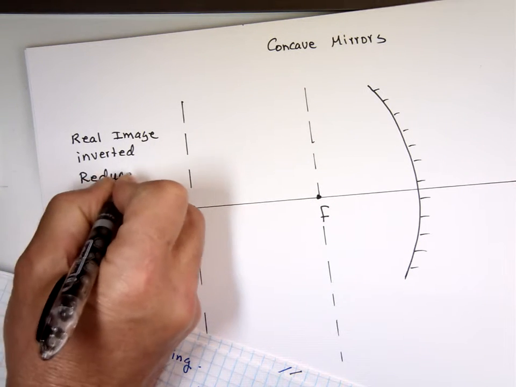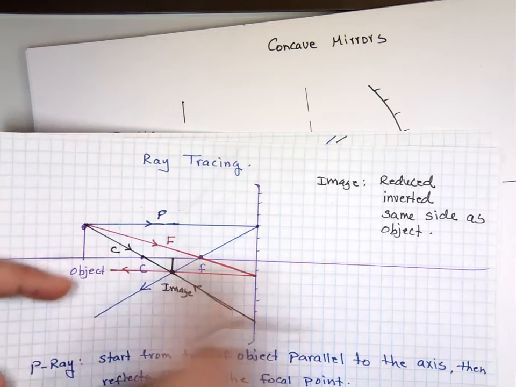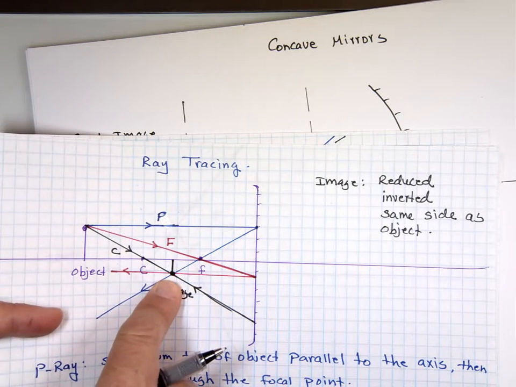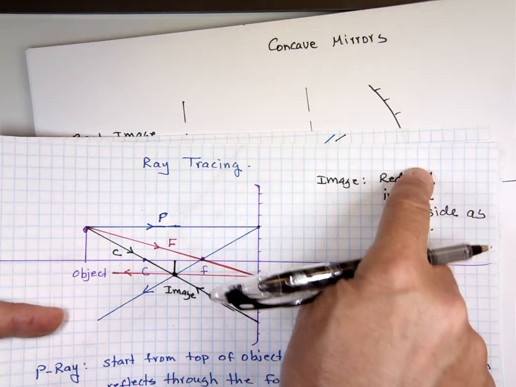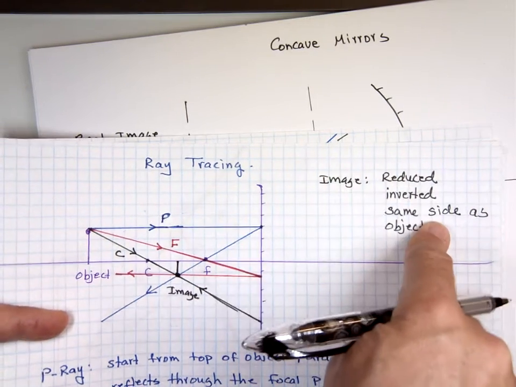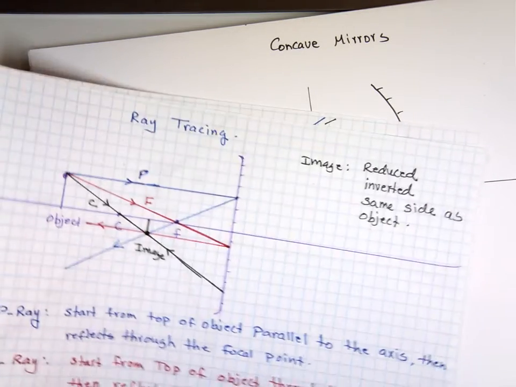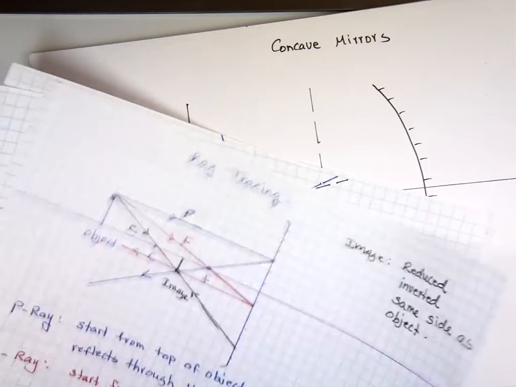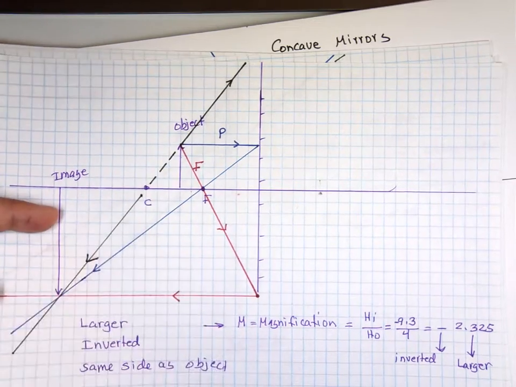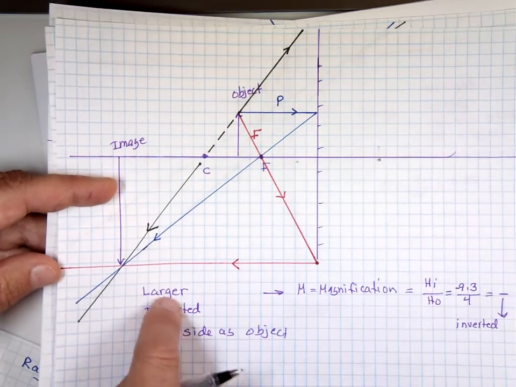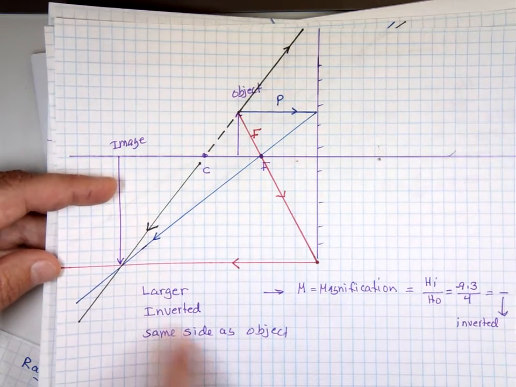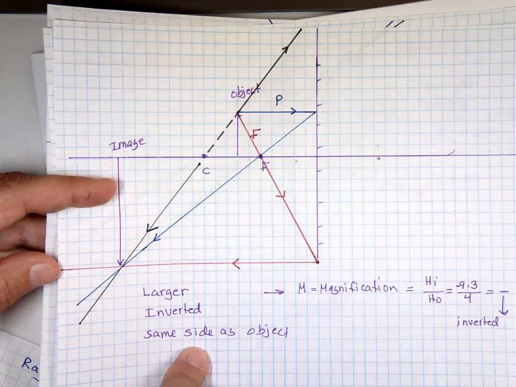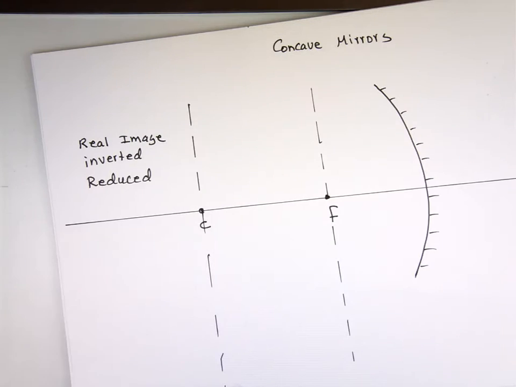Right there. We went through that, we drew them, and that's the image. Inverted, reduced, real object, real image. Now, case number 2. We put the object between C and F. What was the story with the image? Larger, inverted, real. So here, if you put the object here, we have real image.